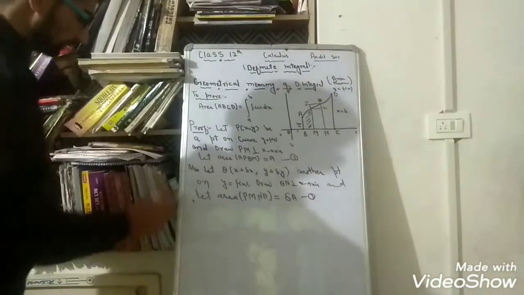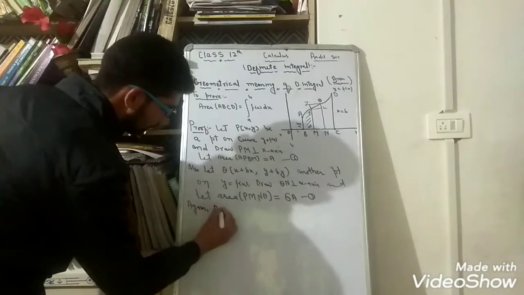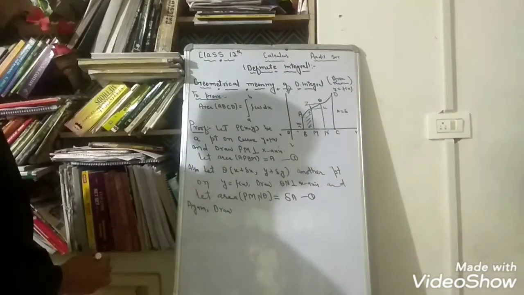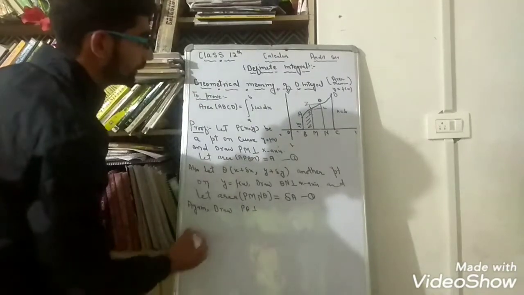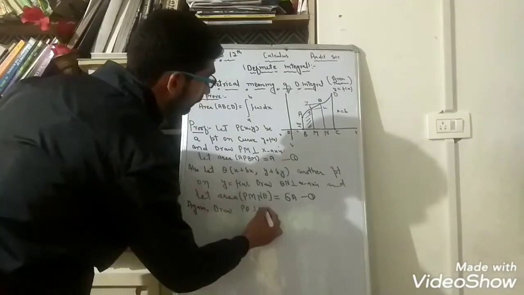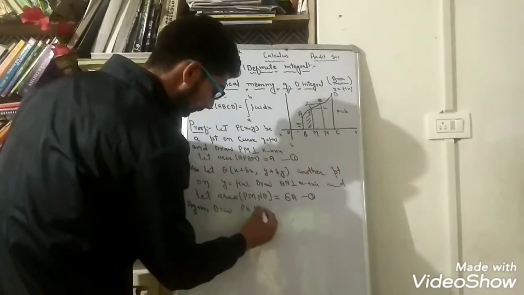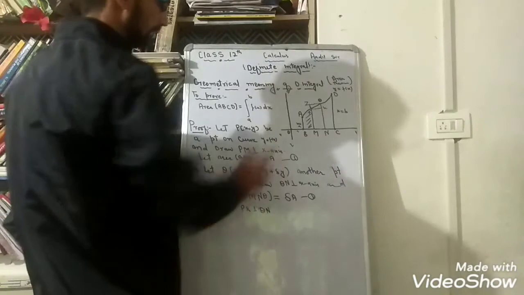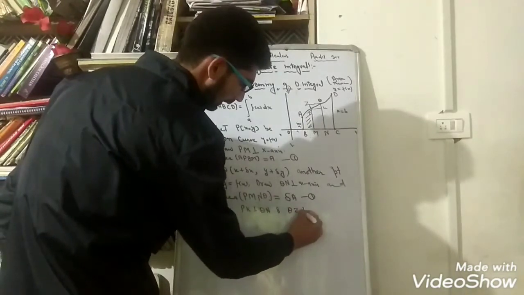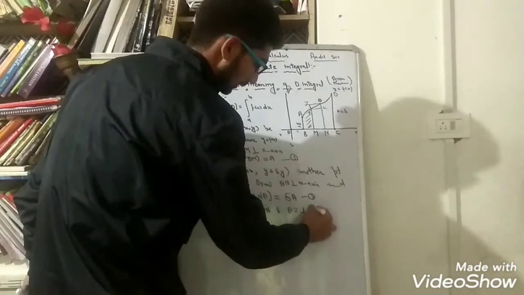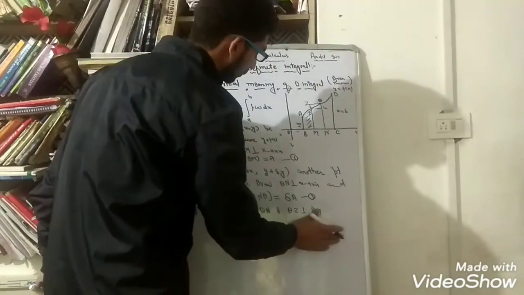So here I will write again: draw PQ perpendicular to MN, PK perpendicular to QN, and then QZ perpendicular to the extended portion of PM. You write this MZ now.